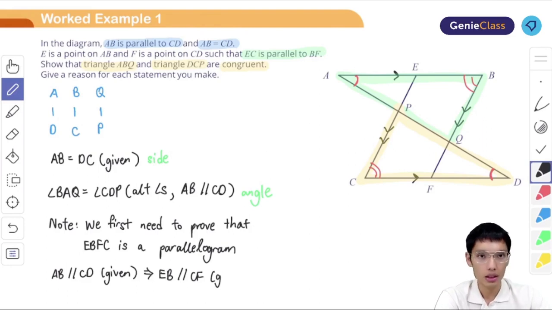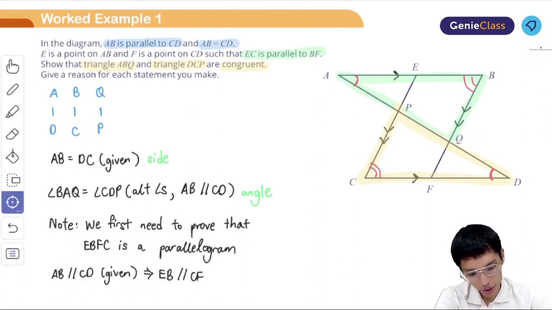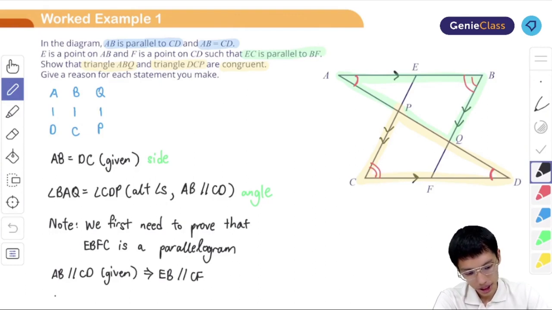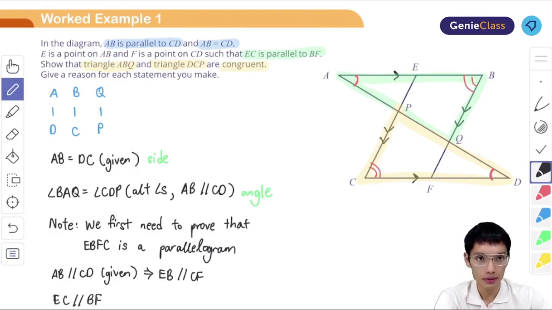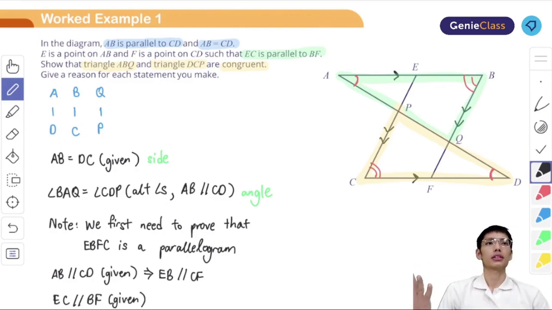And also, the other side is given that these two are parallel as well. EC is parallel to BF. This is given. So we have two pairs of sides being parallel, and doesn't that show that it is a parallelogram?